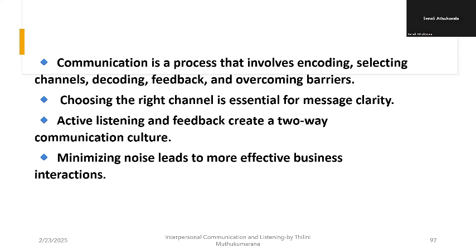And active listening and feedback create a two-way communication culture. And also minimizing noise. Noise here means the barriers we discussed, the four types: psychological, physical, semantic, and technical, okay?